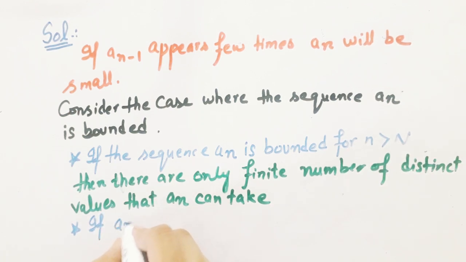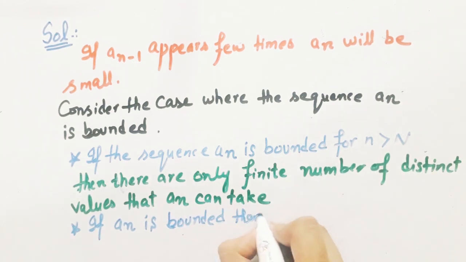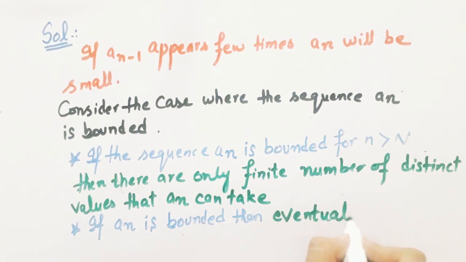Another case we will study: if an is bounded, then eventually some values must repeat. This is understood.